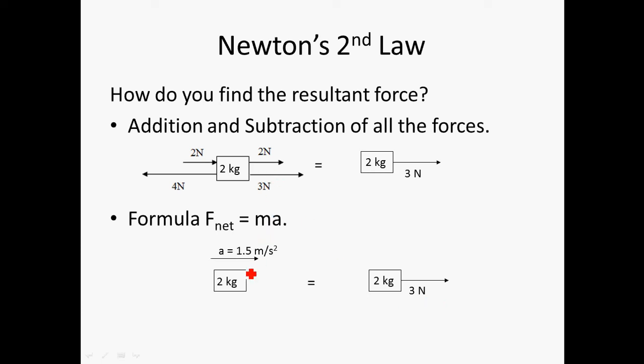In fact, these two questions are exactly the same question, but the information given is different. The first one gives the forces, so you need to add and subtract the forces. In the second case, the information given is the acceleration, so you need to use F net equals ma.